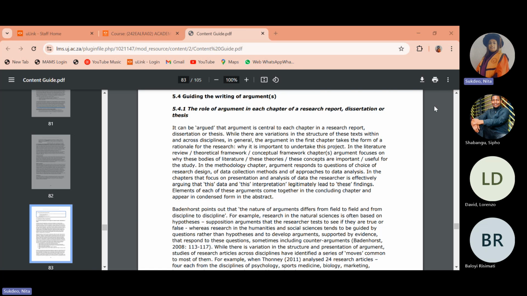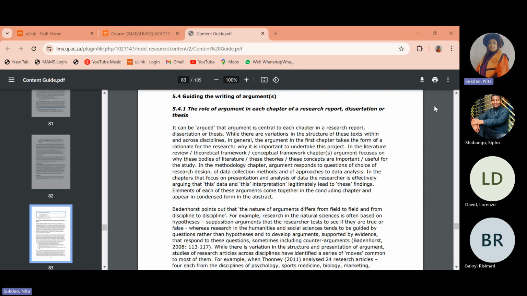But remember, especially when you're doing research, the reason you want to undertake this research, investigate a specific topic, is because you've identified there's a problem. That's why we call it a problem statement. There is a gap in the research, and that's why you want to investigate this using tools, generate some findings to have a proper research report. So the problem statement is the basis of your argument for the entire dissertation.